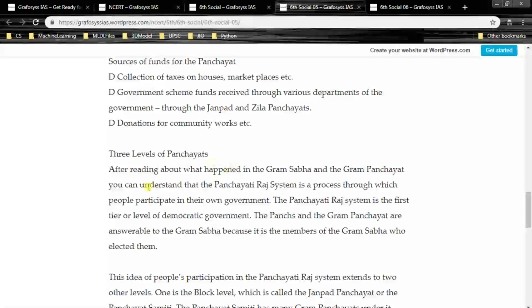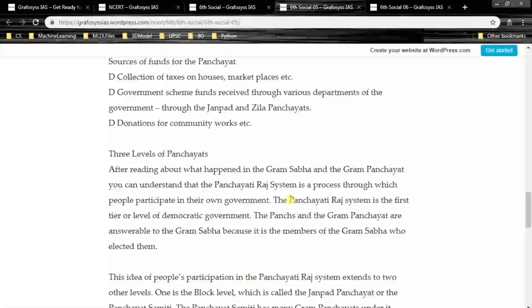So they will receive donations also. Three levels of panchayats. After reading about what happened in the Gram Sabha and the Gram Panchayat, you can understand that the Panchayati Raj system is a process through which people participate in their own government. The Panchayati Raj system is the first tier or level of democratic government.